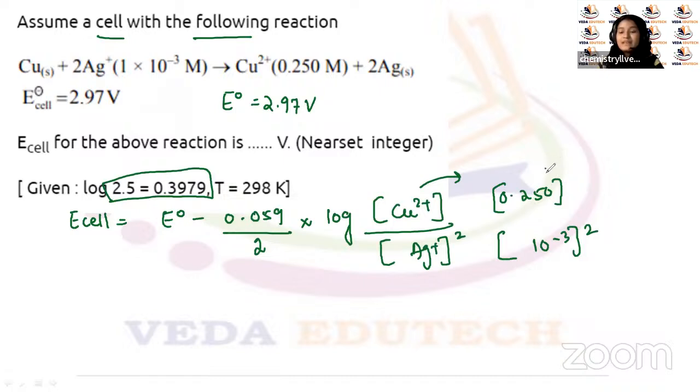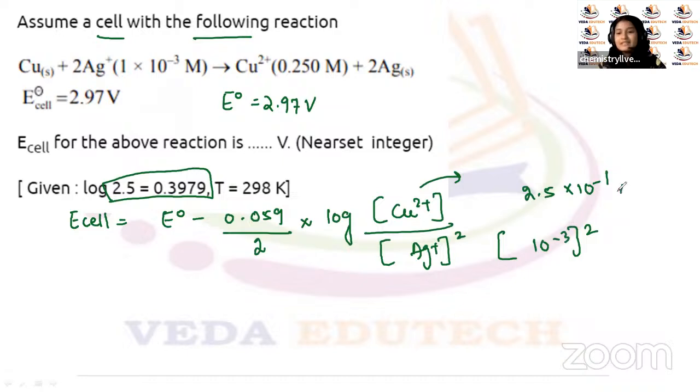You have to multiply by 10 here, and if you are multiplying by 10 here, you have to divide by 10 as well. So this is going to be 2.5 into 10 to the power minus 1. So instead of 0.25, you are going to write 2.5 into 10 to the power minus 1. Once you write this, it becomes easier for you.